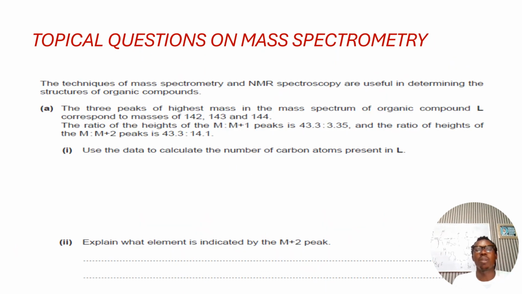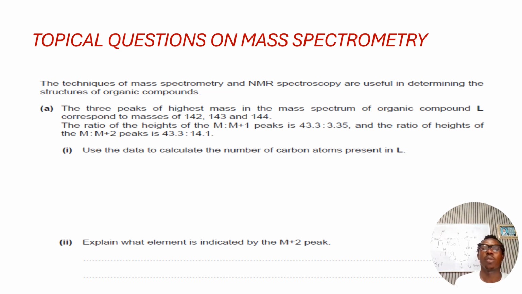So this is another question before us on mass spectrometry. Typical examination questions. The techniques of mass spectrometry and NMR spectroscopy are useful in determining the structures of organic compounds. The three peaks of highest mass in the mass spectrum of organic compound L correspond to masses of 140, 143, and 144.